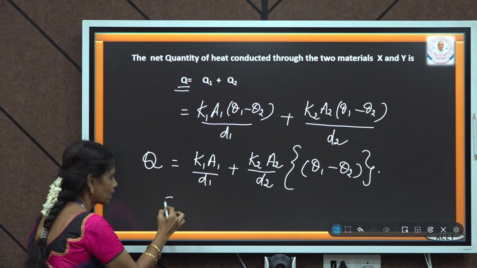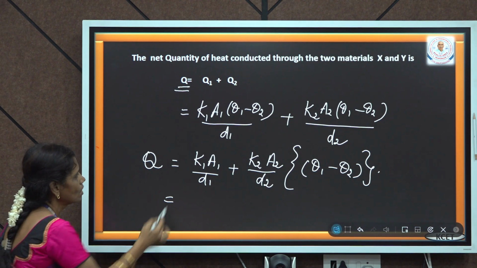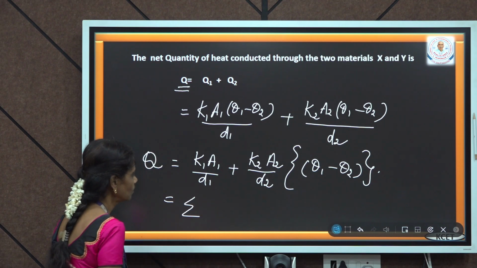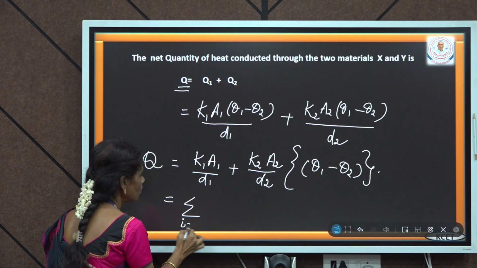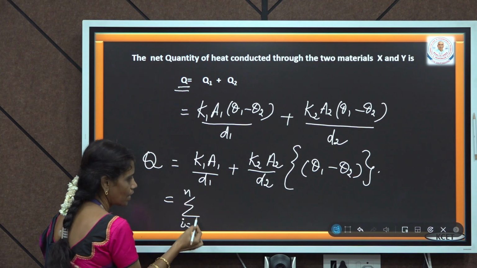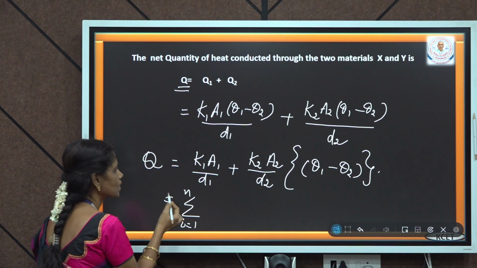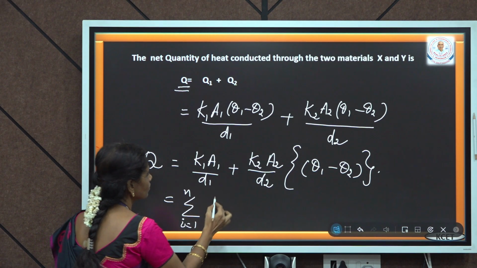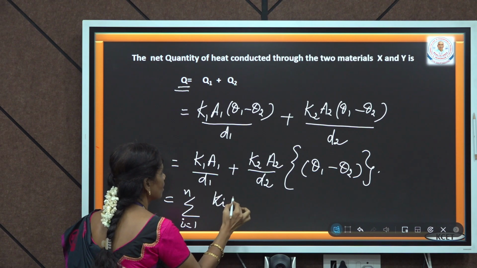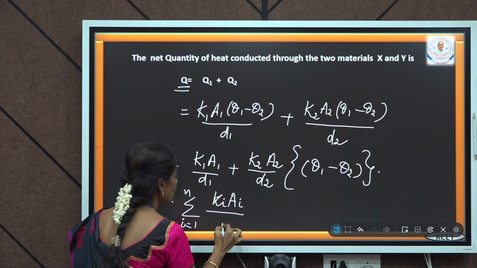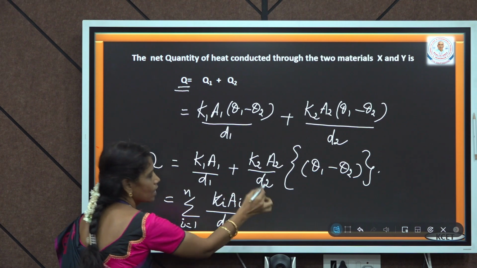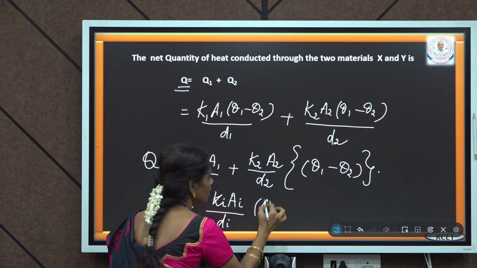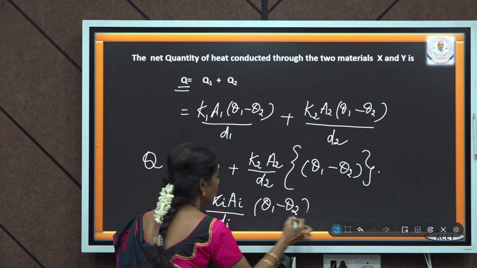This can be extended for n number of systems. So, instead of K1 K2, I am writing the summation value. Summation i equal to 1 to n, the summation can vary from 1 to n number of systems. Commonly I am writing Ki Ai by Di into theta 1 minus theta 2.